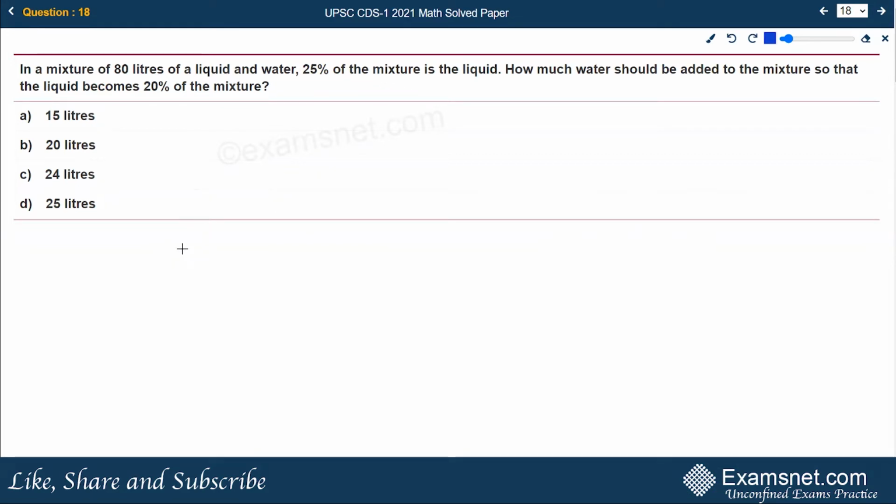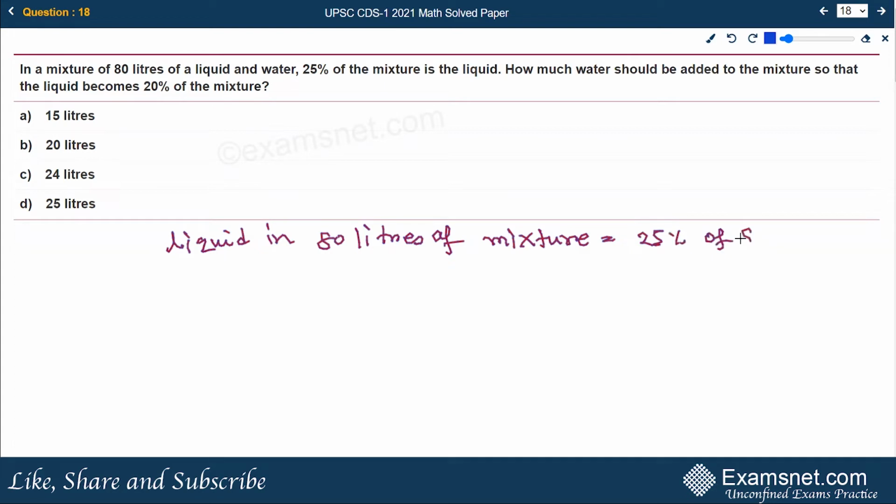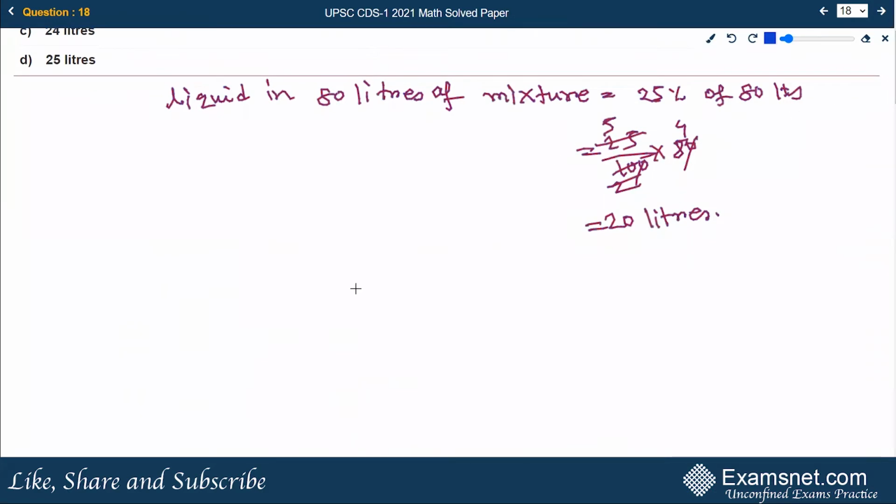So here liquid in 80 liters of mixture, how can we find the value? That is 25% of 80 liters, correct? So let's find it: 25 by 100 multiplied by 80. So that is 20 liters. Okay. Now 20 liters is that liquid.